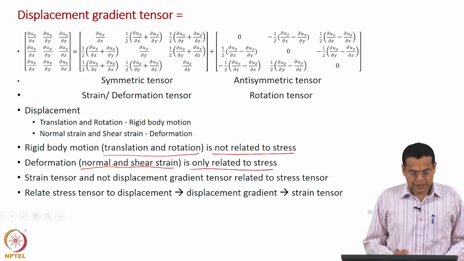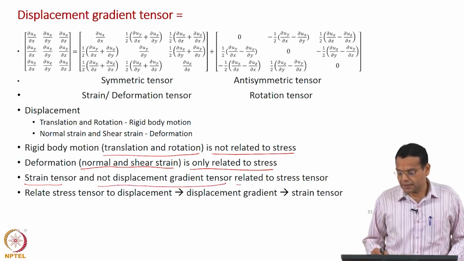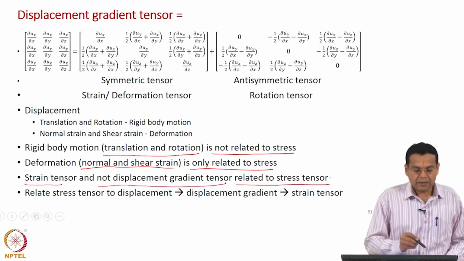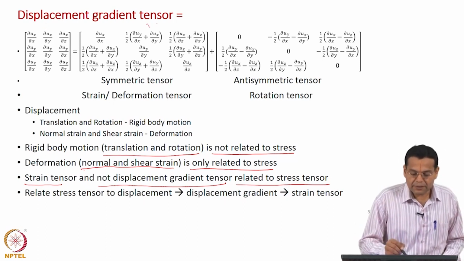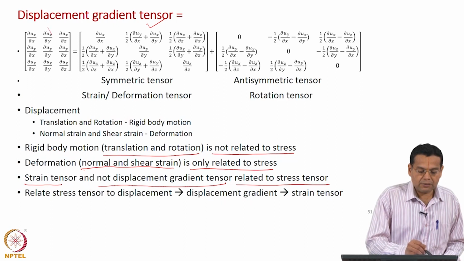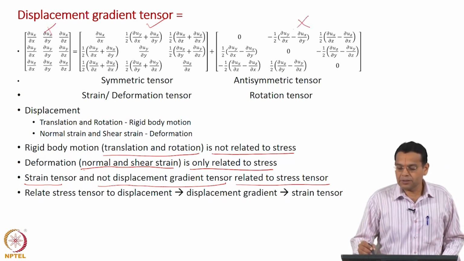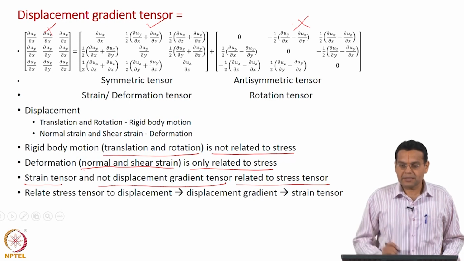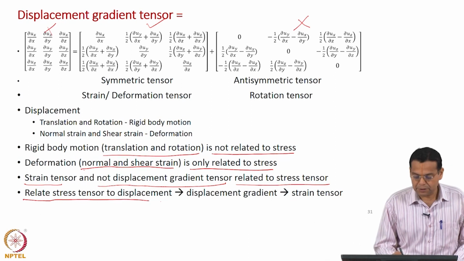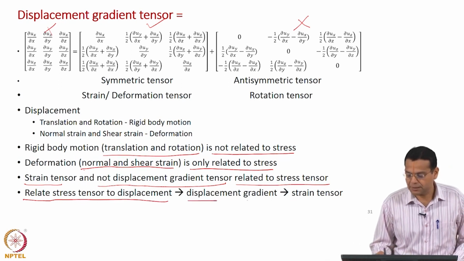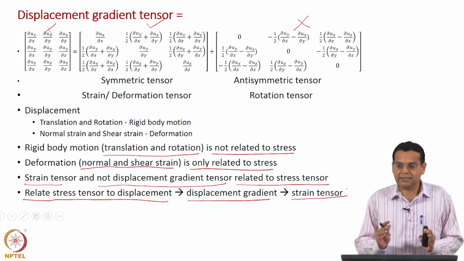The strain tensor, and not the displacement gradient tensor, is related to the stress tensor. Look at the last line: relate stress tensor not to displacement, not to displacement gradient, but to the strain tensor, and that is exactly what we have done now.